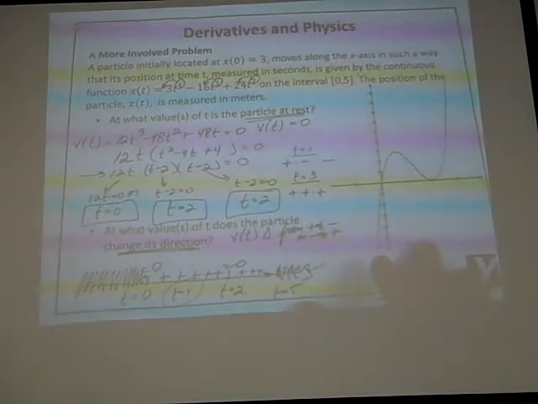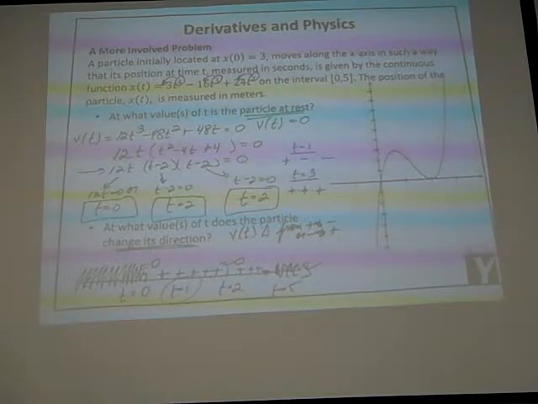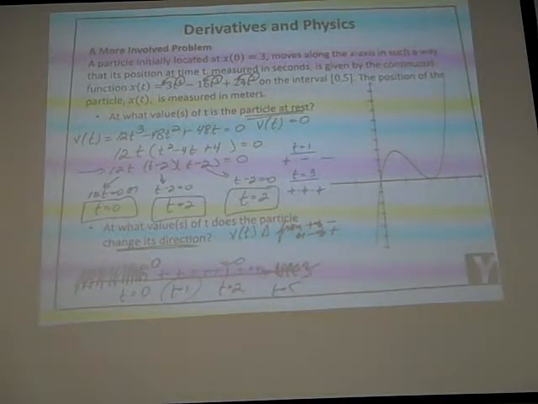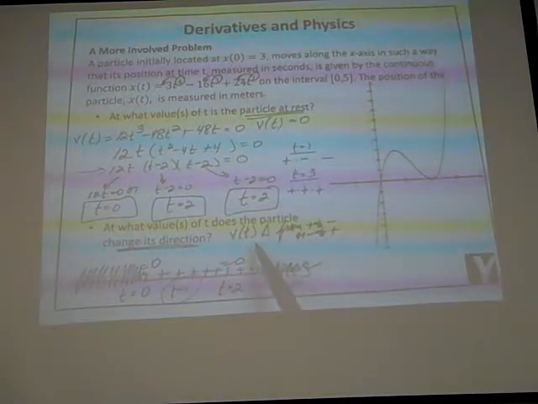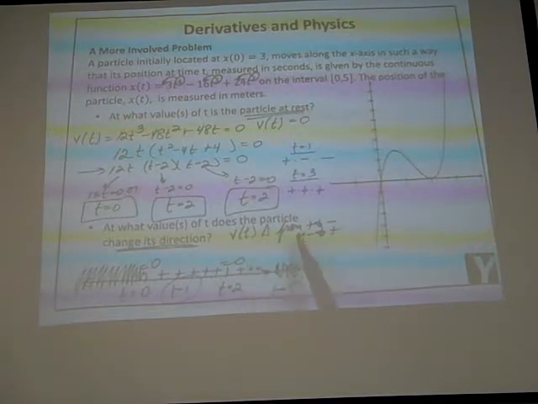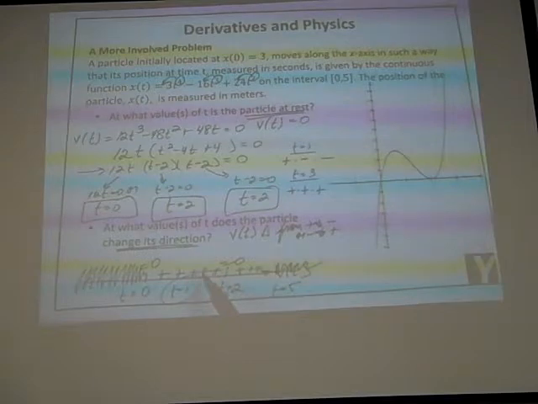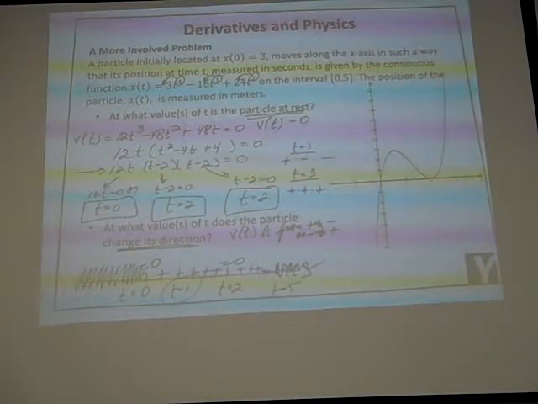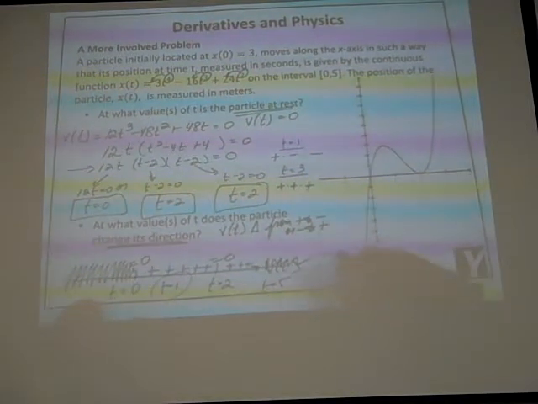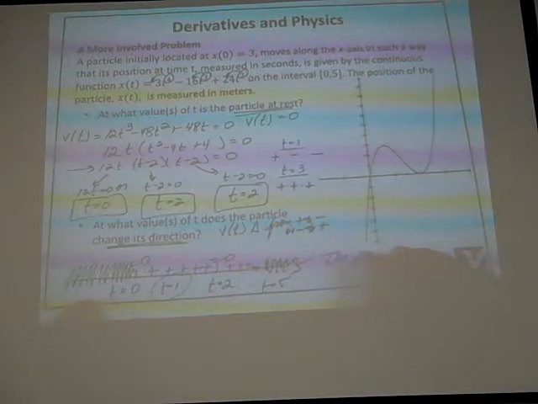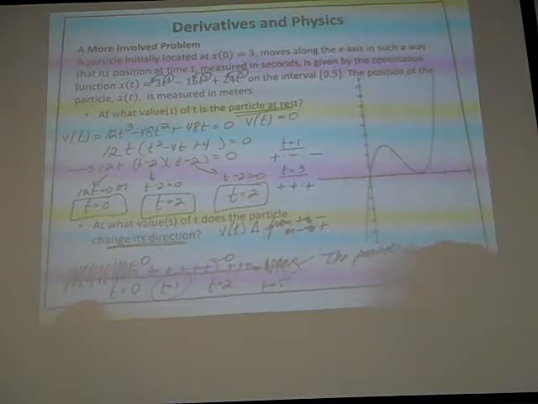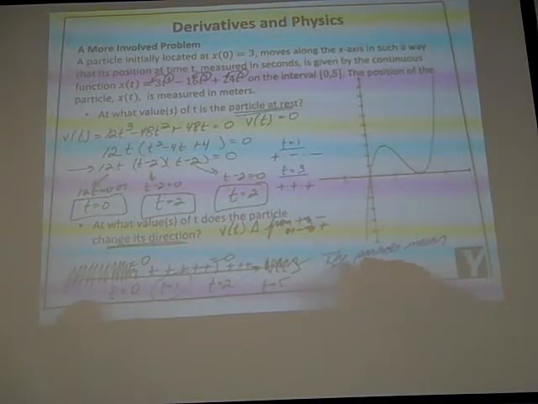The question being asked was, where does the particle change direction? We interpreted that as the velocity has to change from positive to negative or negative to positive. Where does that happen? Never. So the conclusion should be the particle never changes direction.